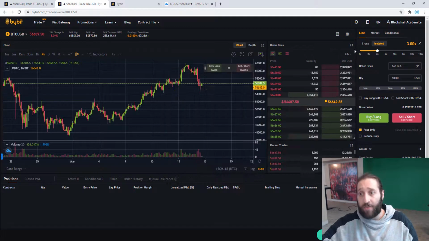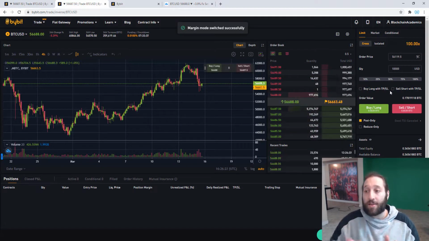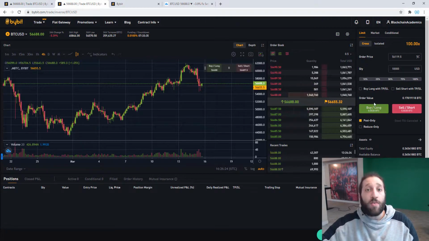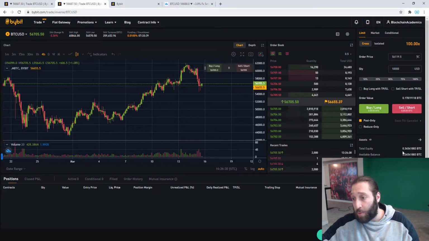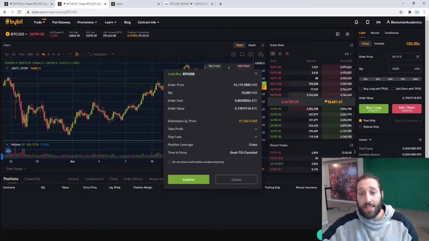It's isolated. If you go cross, you're defaulted at 100x, and there's a lot of benefits to trading cross, but there's a lot of negatives as well. Your whole balance is at stake. So I have 0.34 here, and if I'm trading cross and I let this come down to 19K, I'll lose the whole balance.